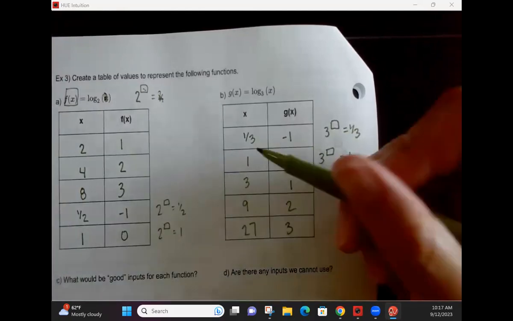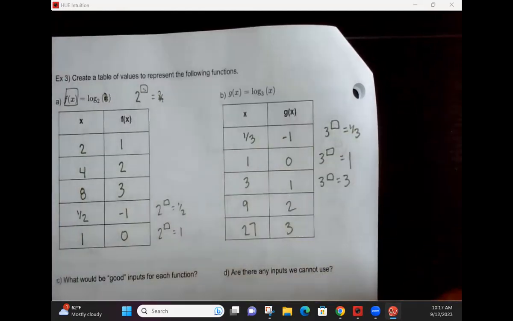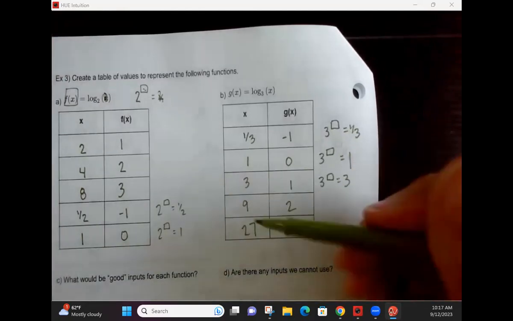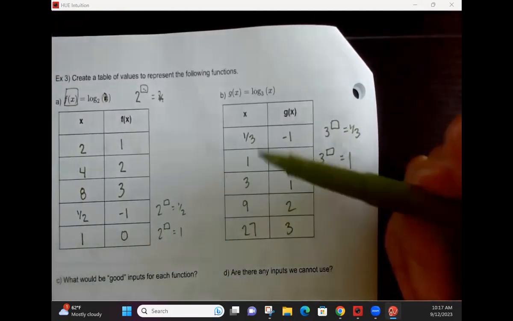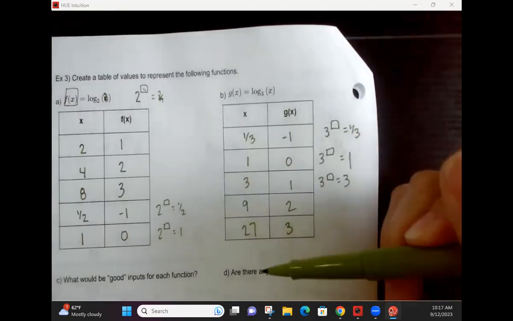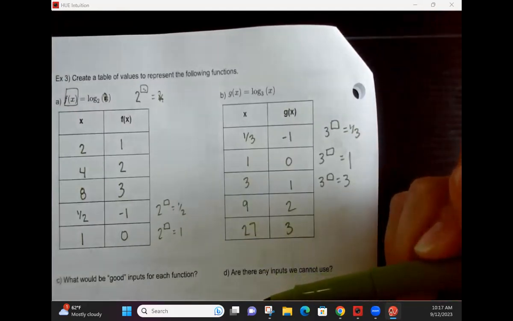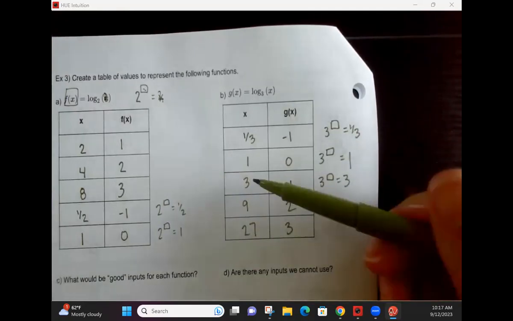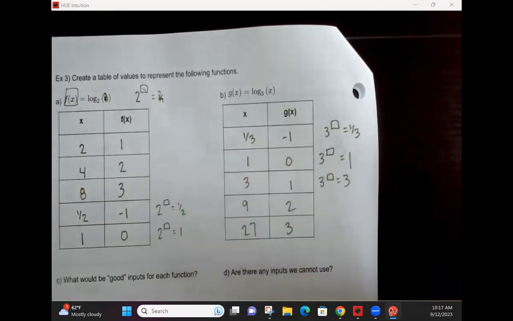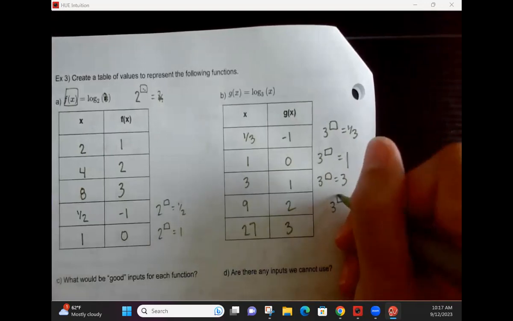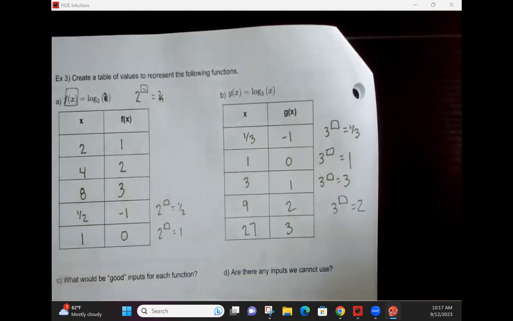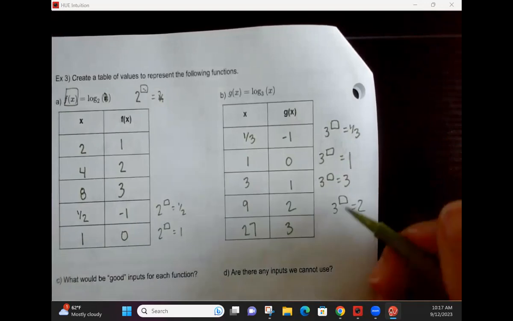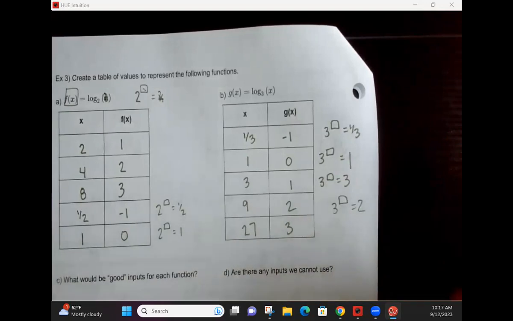We often are used to picking -2, -1, 0, 1, 2, 3, easy, close together integers for our inputs when I'm making a table for a function. I just want you to keep in mind, you could do that. I could use 2 here, but I would be asking 3 to what power gives me 2? That's not something I can evaluate without a calculator. I would have to have a calculator to do that, okay?